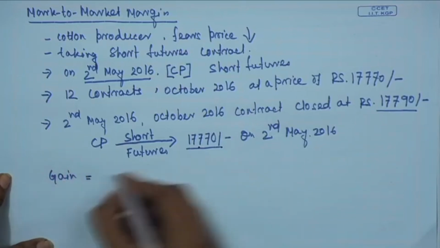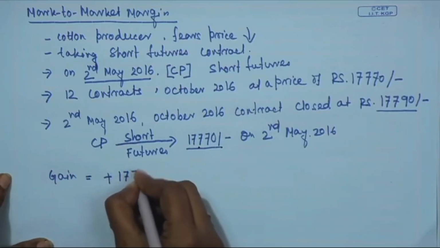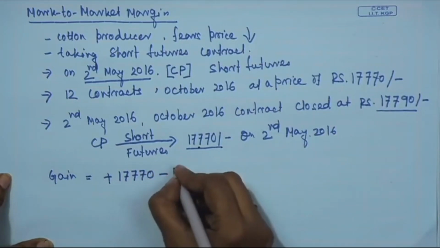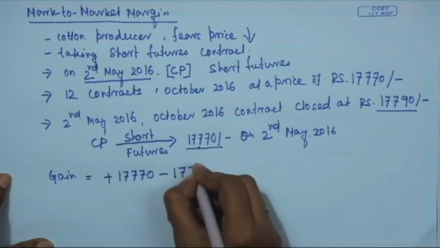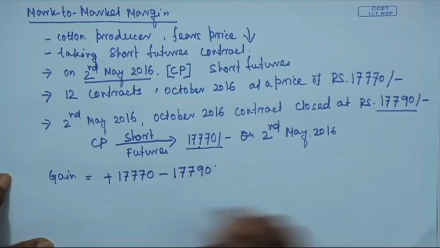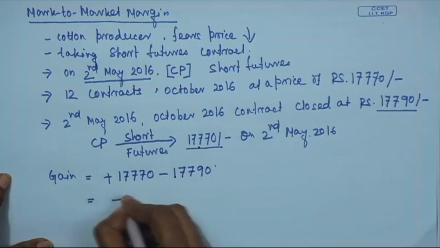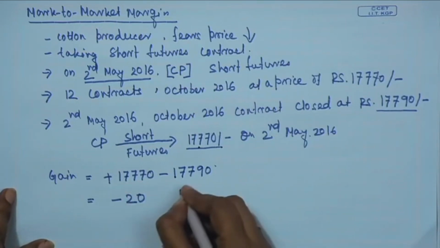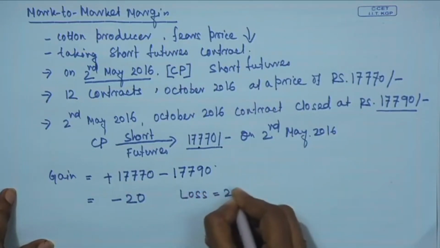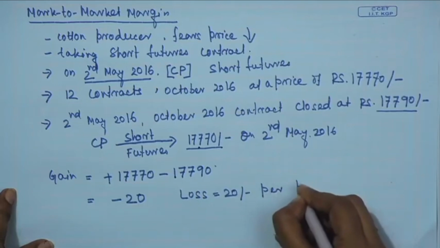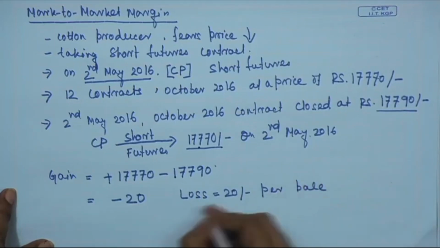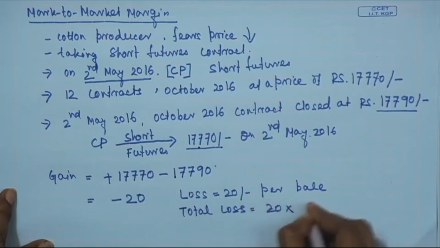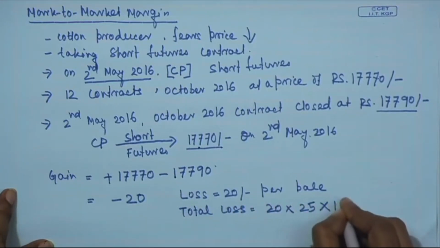By selling the futures he will be receiving 17,770, and if he squares up his position, he will be paying 17,790. So he incurs a loss of 20 rupees per bale, and the total loss will be 20 into 25 bales per contract and 12 contracts.